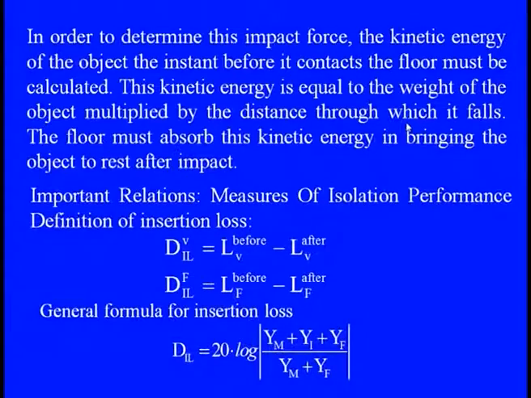To define how much impact force there is and how much kinetic energy of the object is transmitted to the floor, we need to check the kinetic energy of the object, which equals the weight of the object multiplied by the distance. The floor must absorb this kinetic energy, bringing the object to rest after each impact.